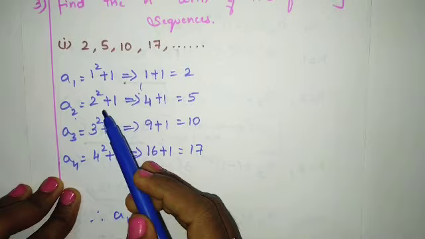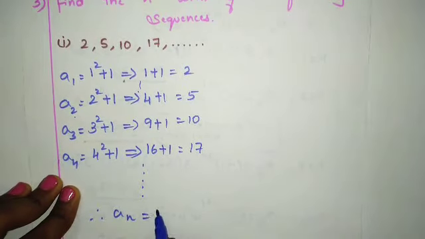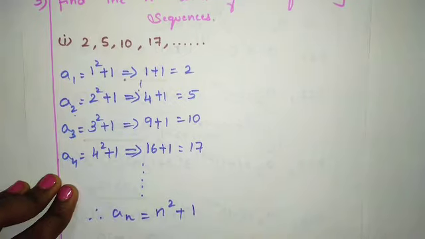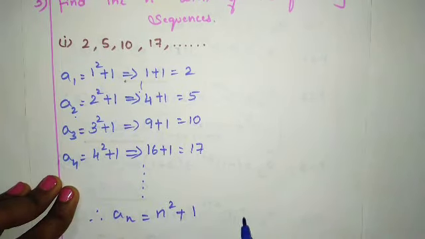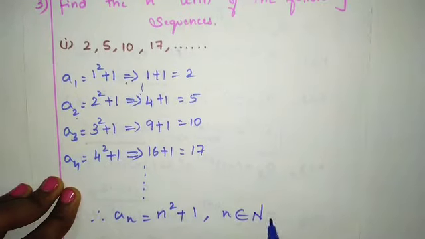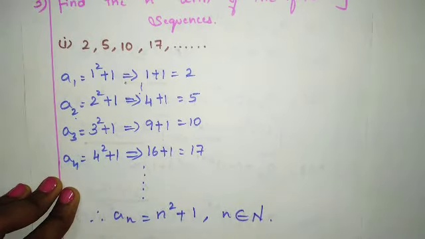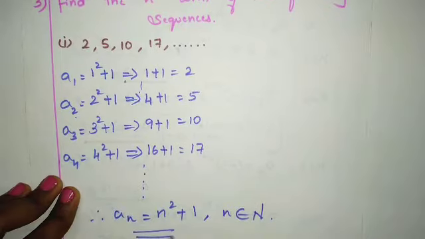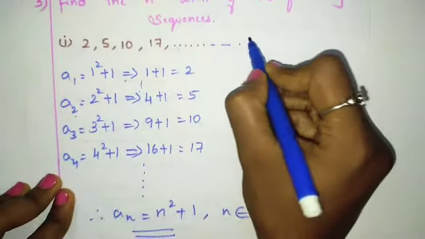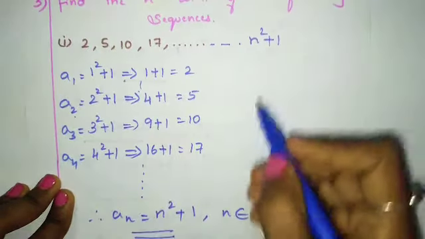If it is A3, 3 square plus 1. Similarly, if it is AN, it is N square plus 1. And you write here, that is N belongs to natural numbers. Got it? So this is your nth term. So if I continue like this only, nth term will be n square plus 1.